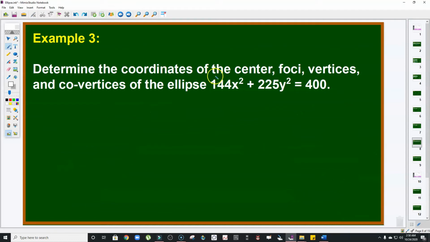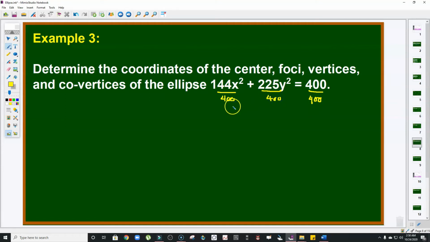Now, this time, the equation is in general form, alright? So, take note, yung equation ng ellipse dapat naka-equate kay 1. So, what I'm going to do here is i-divide ko both sides ng 400. Divide natin both sides by 400. There you go.